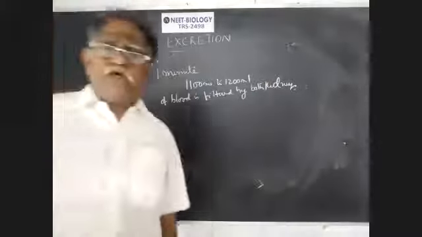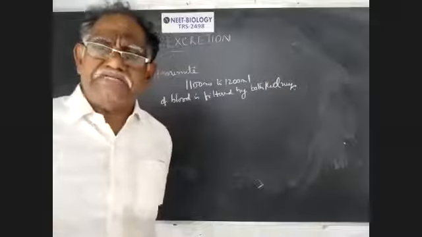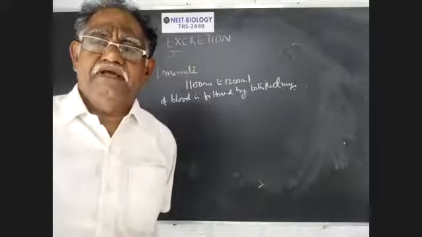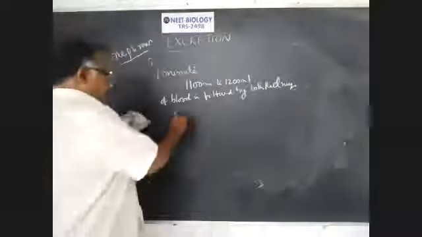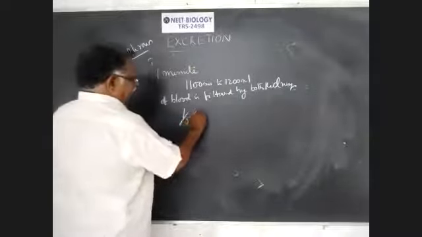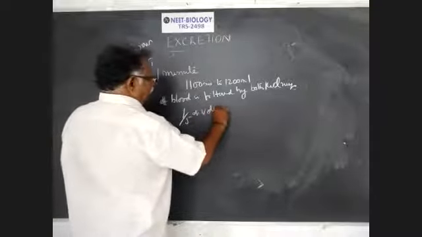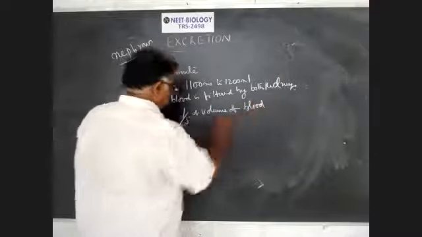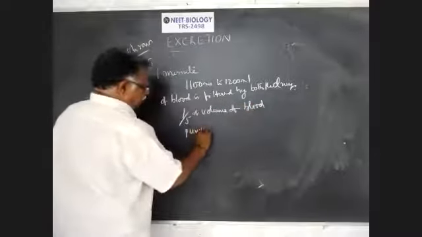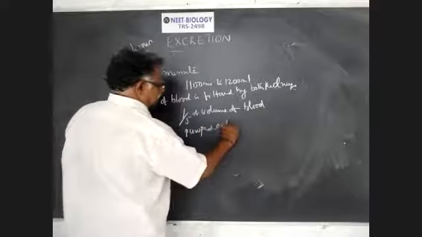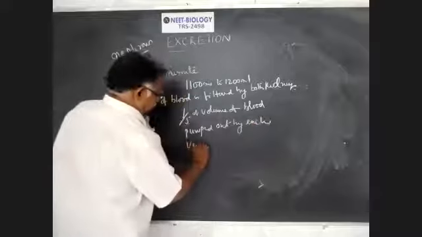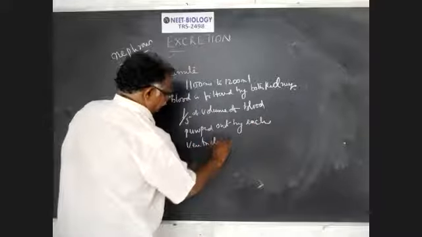That is equal to 1/5 of the volume of blood pumped out by each ventricle of the heart. Another objective point.